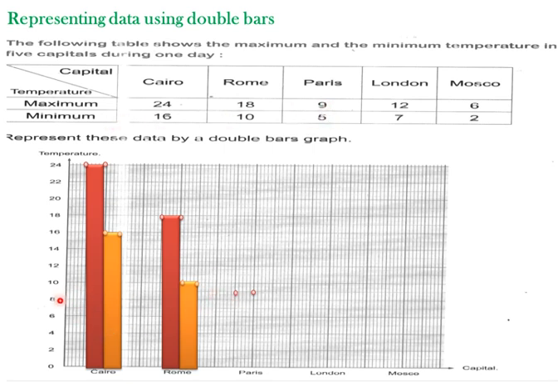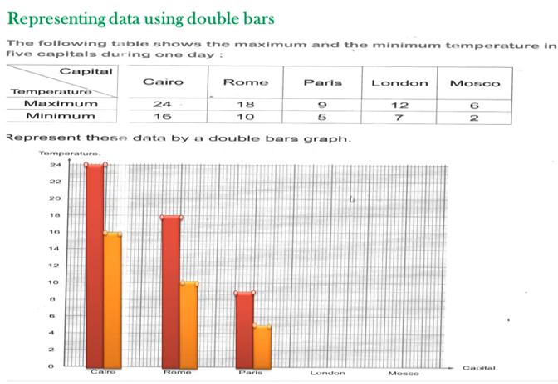Here 9 lies between 8 and 10, so at the middle we put 2 points and draw our line. Then the minimum, 5, lies between 4 and 6, at the middle here, and we put 2 points to determine the bar line.